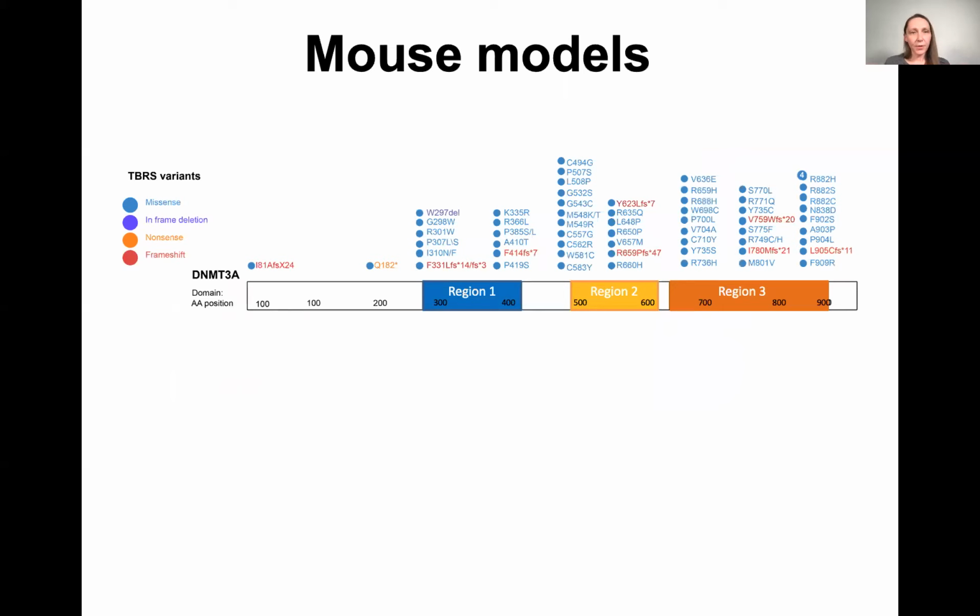Okay, so the next part of our work was to say, well, we've identified these potential differences in individuals with TBRS versus those without TBRS. Do we see these same findings in the mice that we've created in the lab to recapitulate the findings of TBRS? And so we used 3 different mouse models.